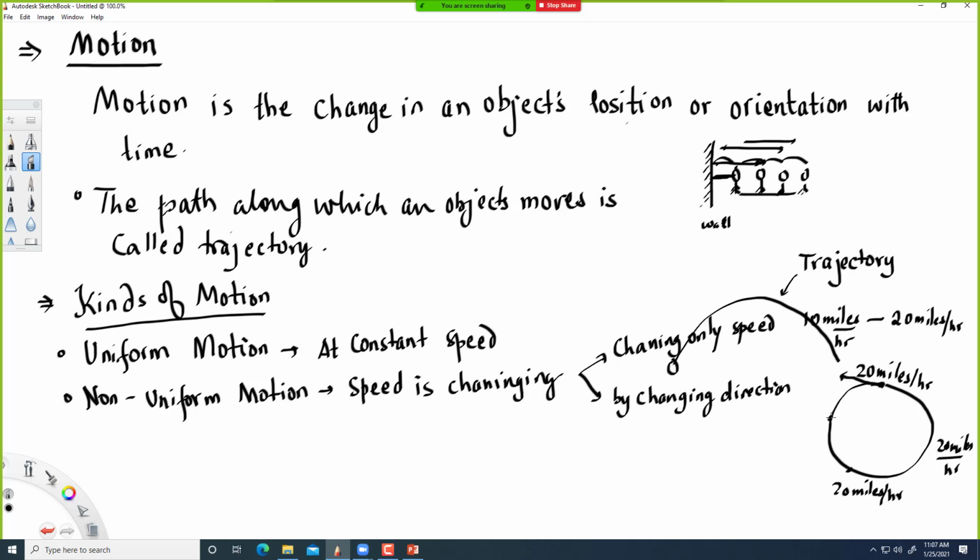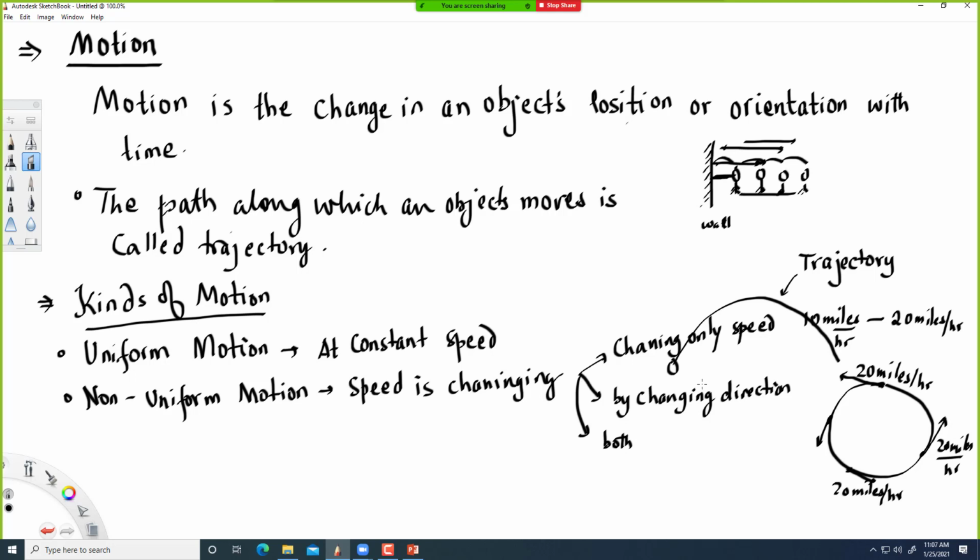At this point, your direction would be pointing this way. Here, it would be pointing this way. So the direction of your motion would be tangent to the circle at each and every point. That means your direction is changing. Or sometimes it could be a combination of both. You can change both the speed and direction.